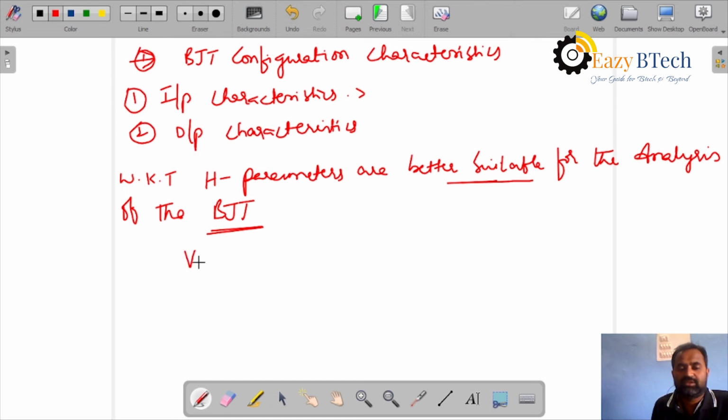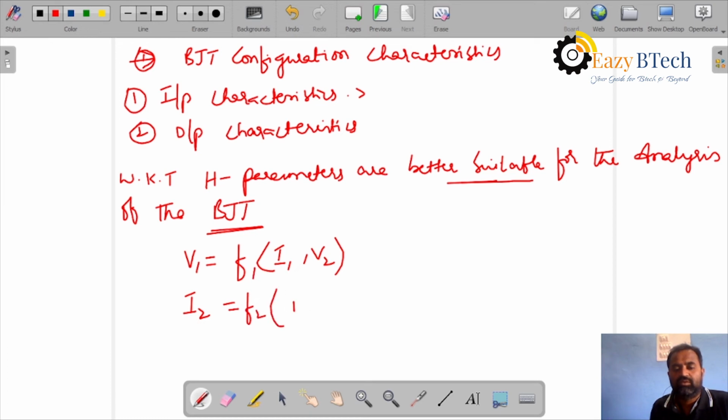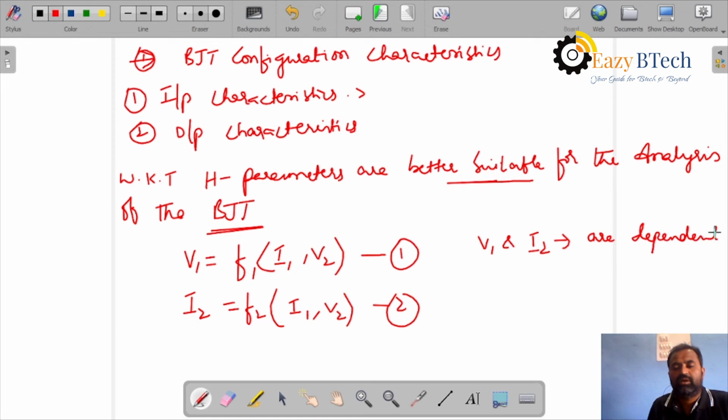That is V1 is equal to a function of I1 comma V2. I2 is a function of I1 comma V2. This is equation 1. V1 and I2 are dependent upon I1 and V2.